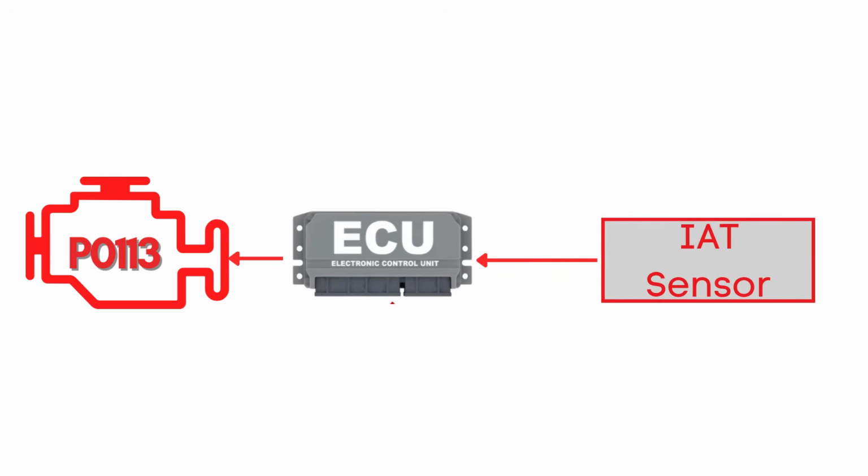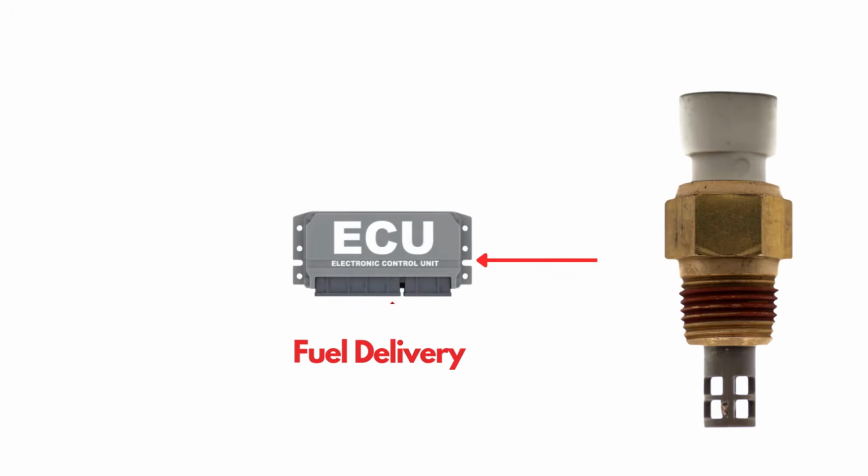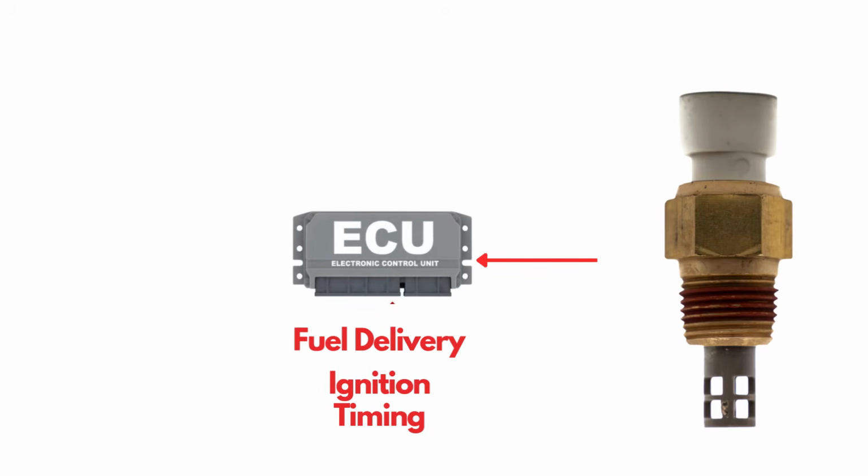First things first, let's break down what the P0113 code actually is. This code gets triggered when your car's engine control module, the ECU, detects a problem with the intake air temperature sensor signal. If that IAT signal rises too high, the ECU can no longer accurately determine the air temperature. Since air temperature plays a big role in fuel delivery and ignition timing, the engine may not run as efficiently as it should.